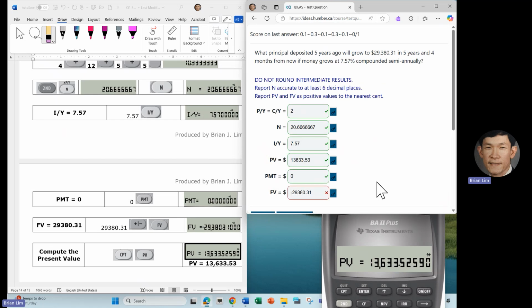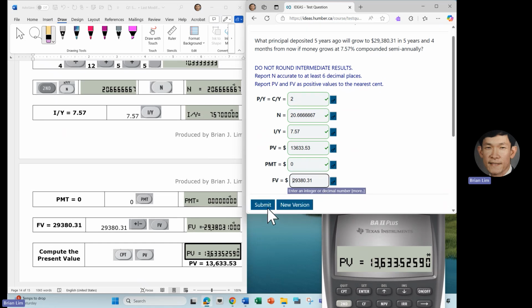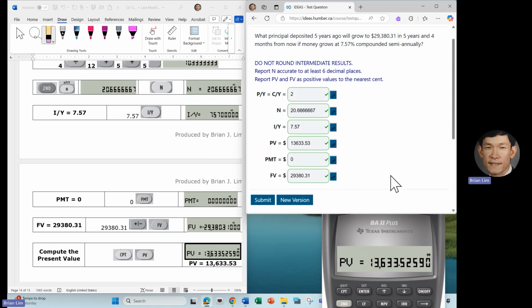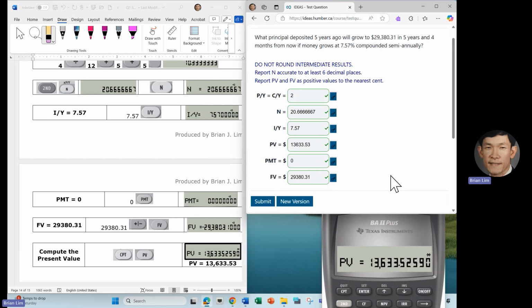We submit, and we have a little bit of a problem here. It's showing incorrect because the instructions up here say present value and future value have to be entered as positive. So I will delete that negative sign, and that should fix the error. And there we are. That is the solution to the question.